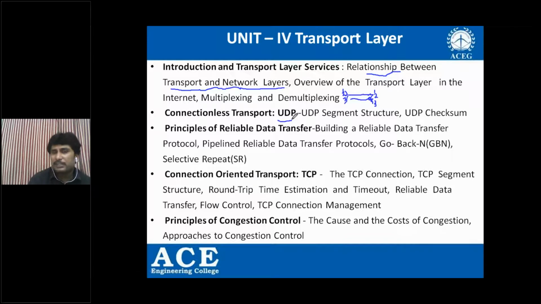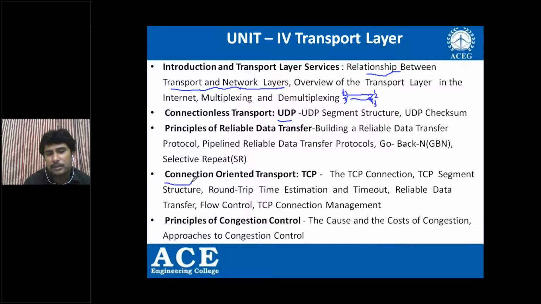But when you hear this, you are a bit worried: I'm not sure whether my data is going to be transmitted successfully or not. When you care about having definite reliability in the transmission, then you have to opt for the other alternative transport layer protocol called Transmission Control Protocol.